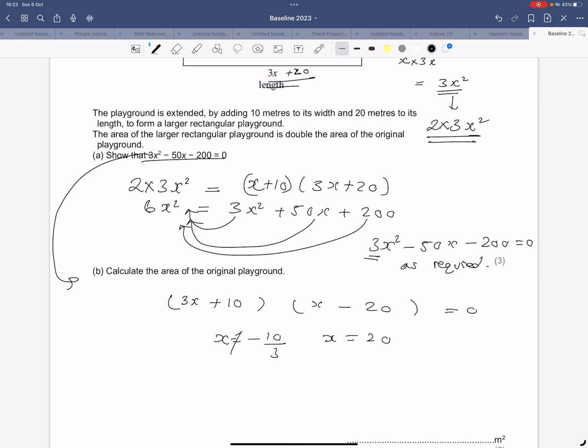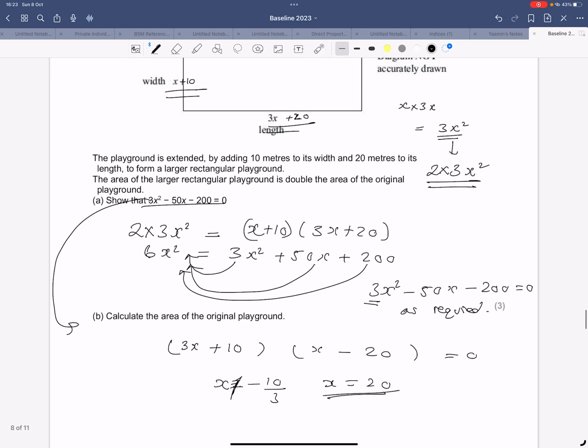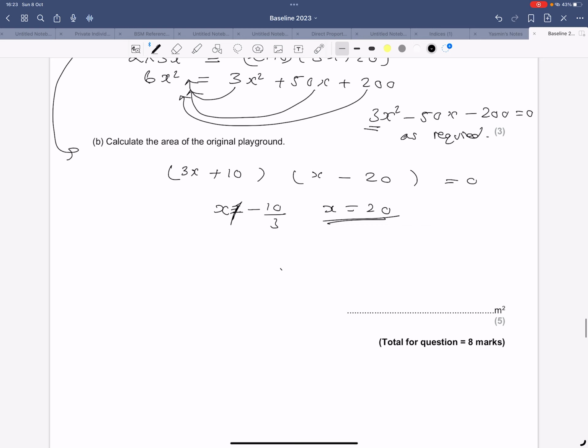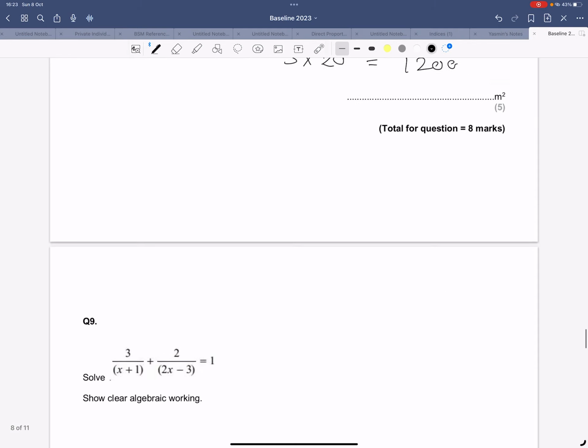Obviously this one we can't take because we can't have negative area. But now we found x is 20. They don't want x, they want the area. The area of the original playground we said was 3x squared. So we just do 3 times our x, which is 20, all squared. That gives 1,200. Very nice and easy to go.